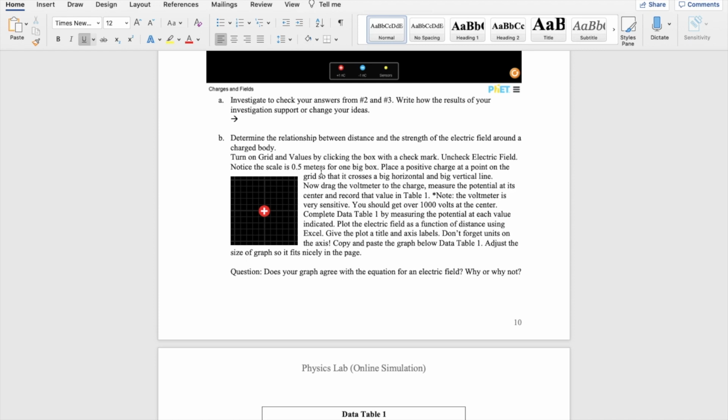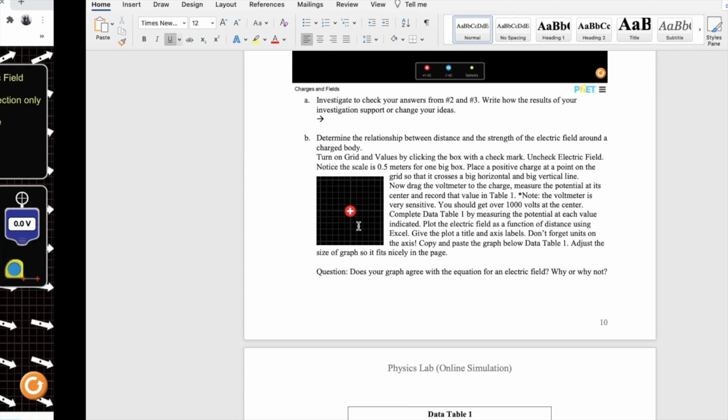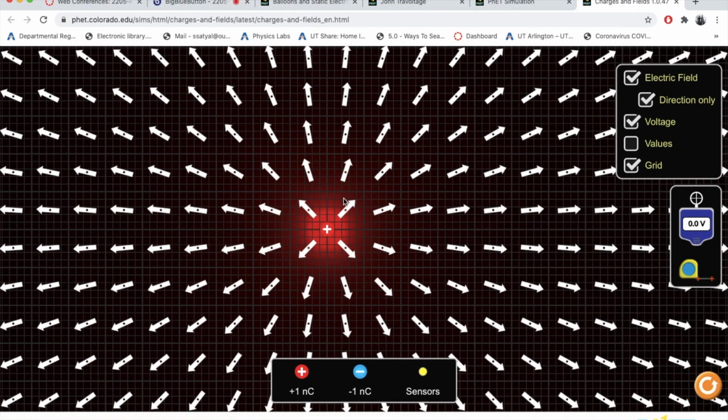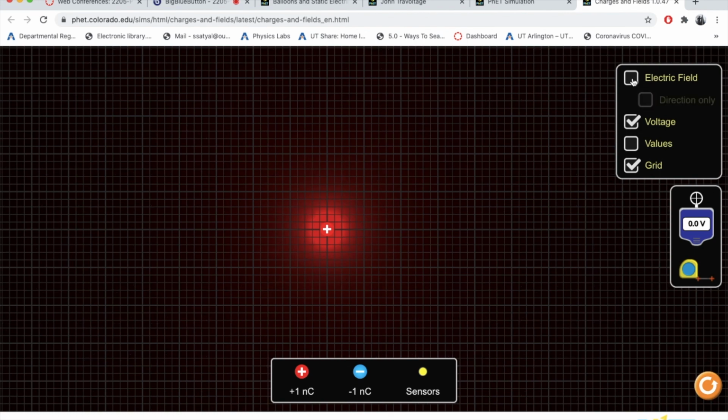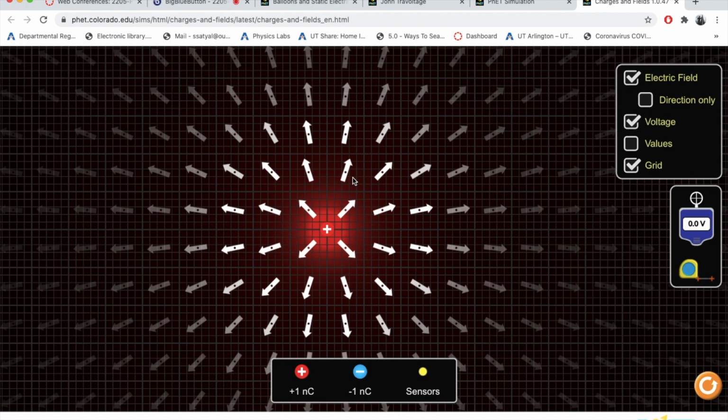Notice the scale is 0.5 meters for one big box, so one small division is 0.1 meters. I would like to show the electric field direction. From this charge, electric fields are directed along these arrows, and the field gets weaker and weaker as you go farther out. Closer to the charge, there's a stronger electric field.